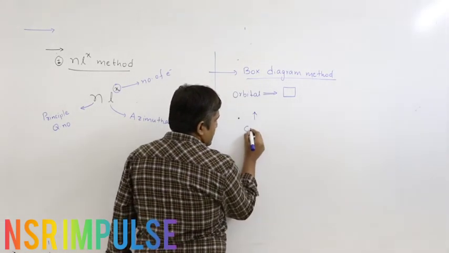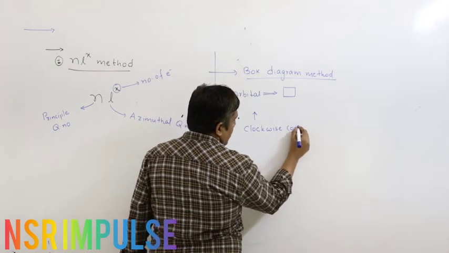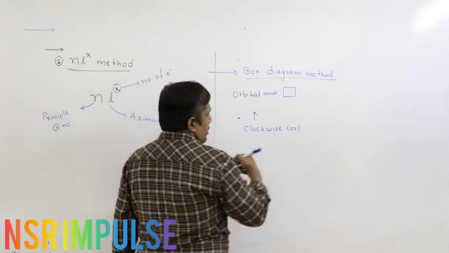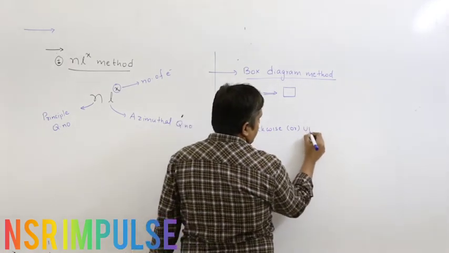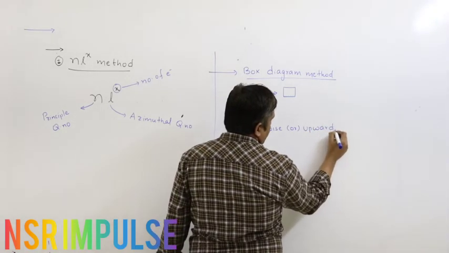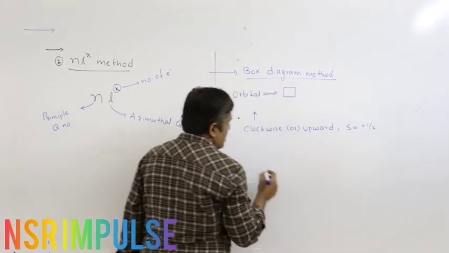For clockwise spin or upward orientation, the spin of the electron is taken as plus half.